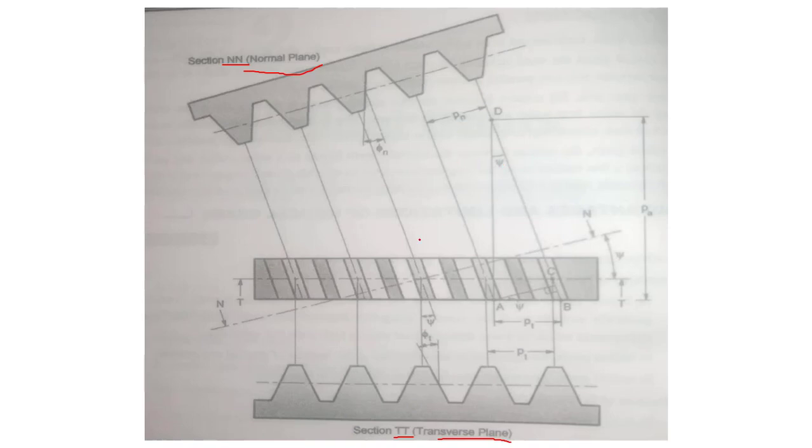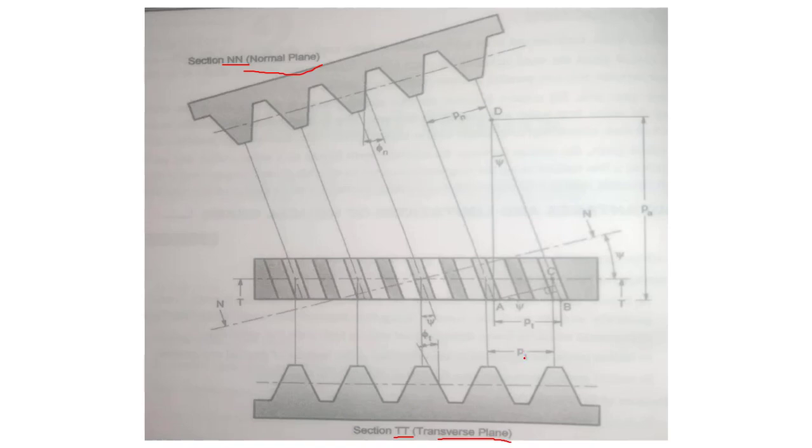Now we all know a few terms, like pressure angle and pitch, but here we have to use pitch and pressure angle for the transverse plane as well as the normal plane.